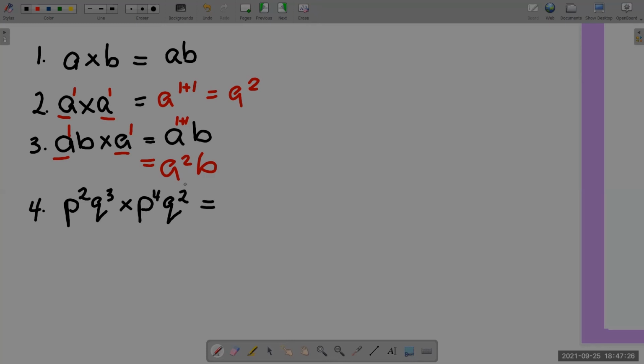Let's make an attempt. All right, let's check it out. You could use the counting rule, or add the powers: 2 plus 4 is 6. And for the Q's, 3 plus 2 is 5. Excellent.